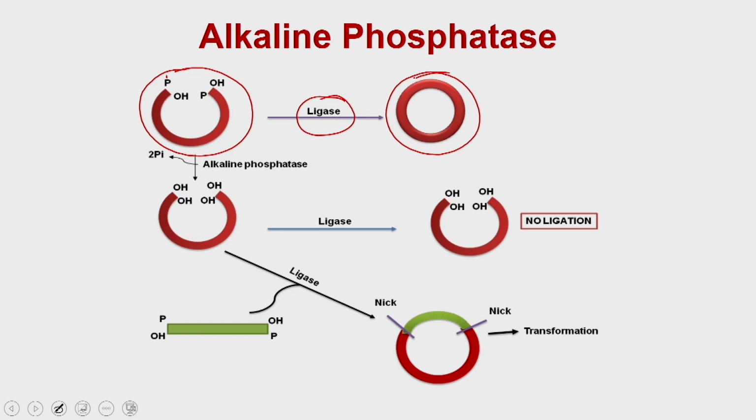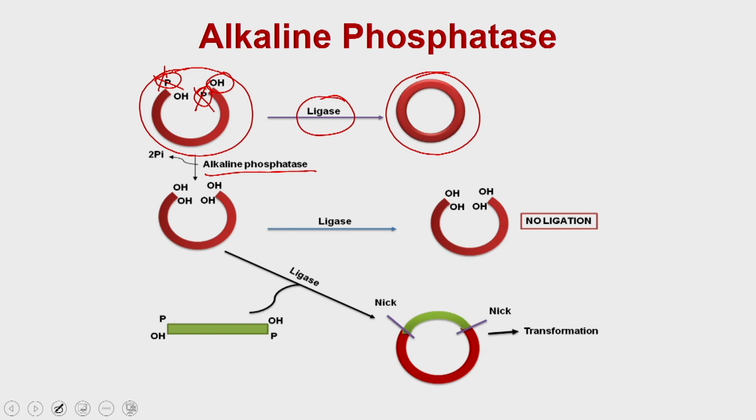Whereas you want the insert to be incorporated, but without the insert, this is going to recircularize and will give you false colonies. What you can do is treat this product with the alkaline phosphatase, which is going to remove the phosphate from the plasmid, and then it will generate the free OH group on both ends.